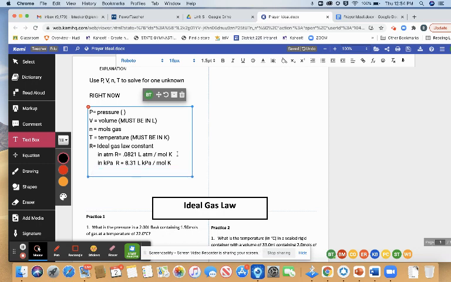And finally, if your pressure is given in millimeters of mercury, or torr, R will equal 62.4 liters millimeter of mercury over moles Kelvin. And going back up here now, I hope you have some space. What this means is that your pressure unit just must match the R value's pressure unit.